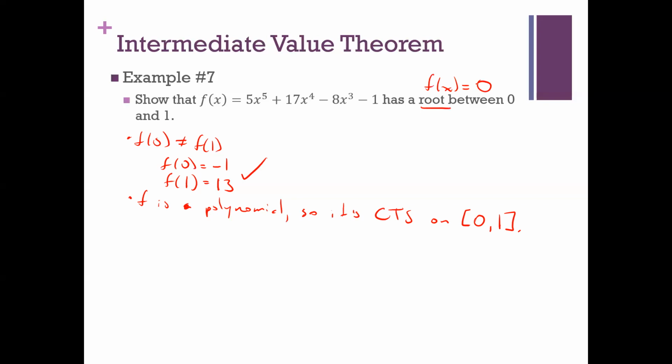So I want to use the intermediate value theorem to prove that I have a root here. Look at what the endpoints of the interval are. I know my function is continuous on that interval. Is this going to help me find a root?